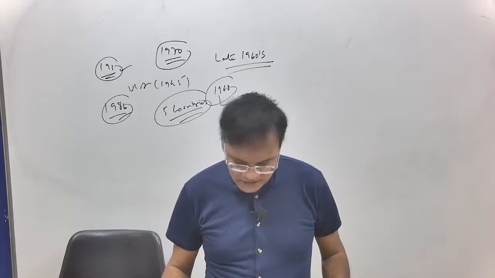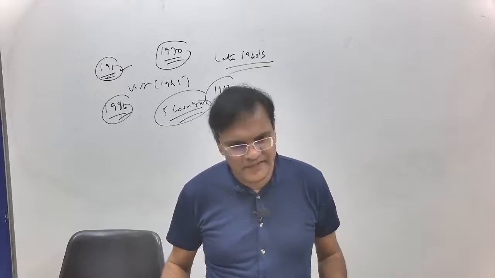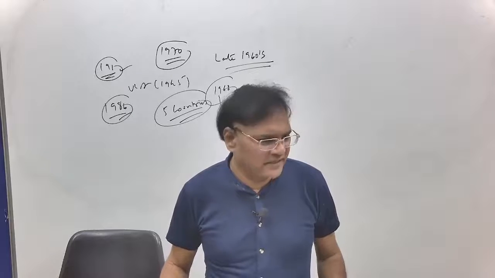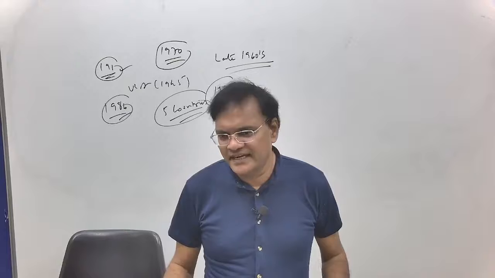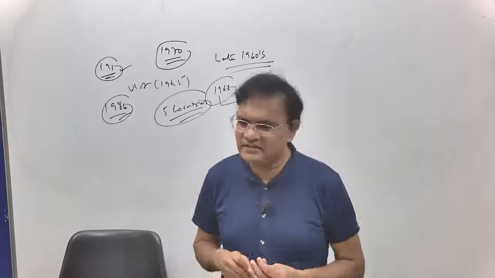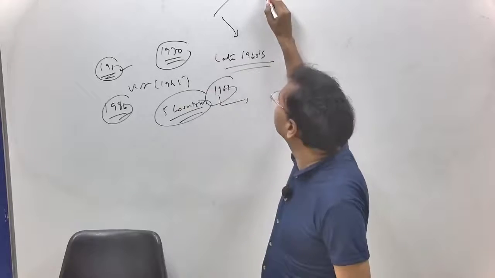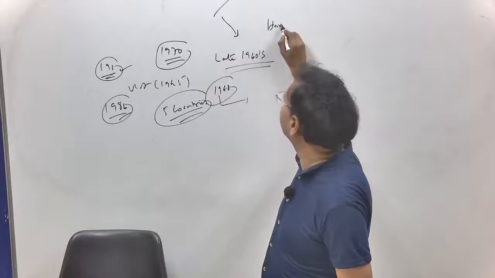So this is what basically NPT is all about. As you can see here, what is the problem with this NPT? It divides the countries around the world into two categories: haves and have-nots.